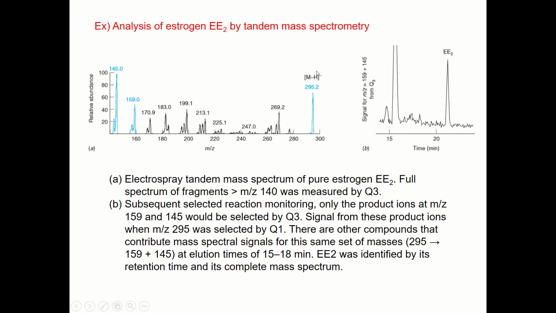They are measured by Q3, and figure B is a subsequent selected reaction monitoring. Only the product ions at mass to charge ratio 159 and 145 are selected by Q3. Among many peaks, you only select these two peaks.